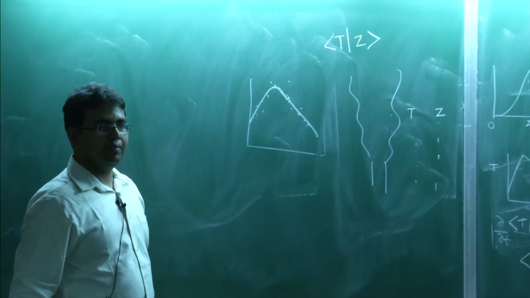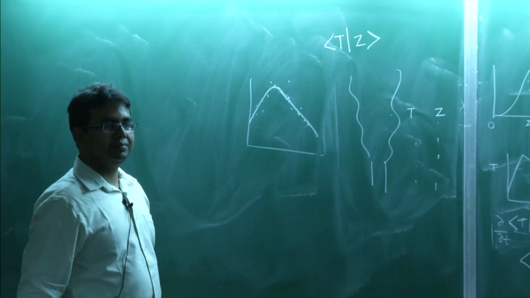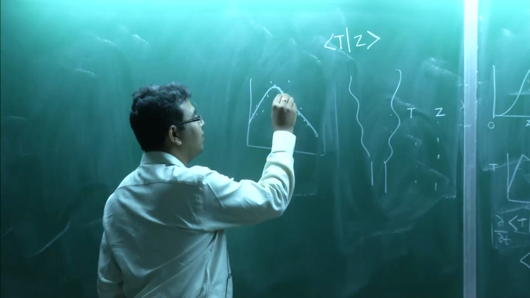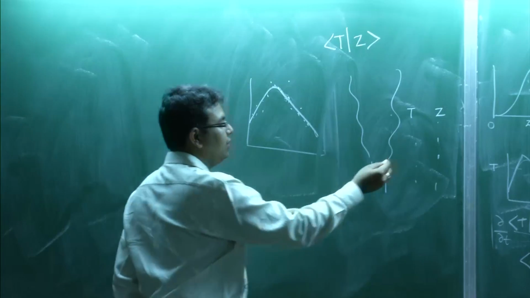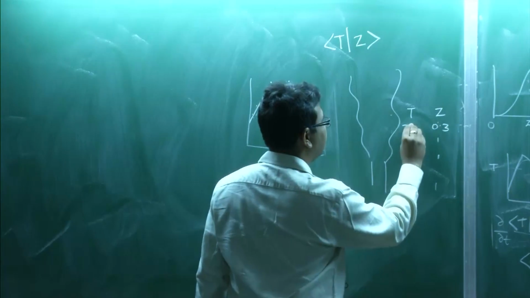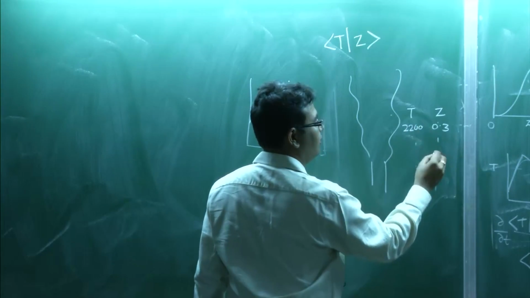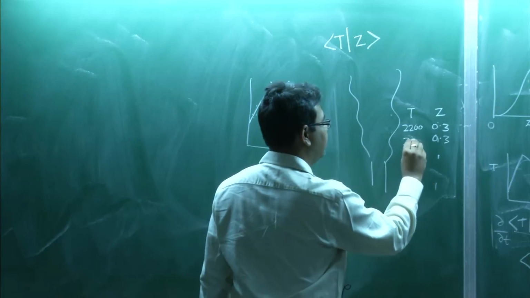We could just have called it the mean or average. Why do we call it a conditional mean? Because it is conditioned on this variable. Suppose you are hitting mixture fraction, let us say 0.3, and once you have a temperature of 2200 Kelvin. Next time you come at 0.3, you have 2100 Kelvin.